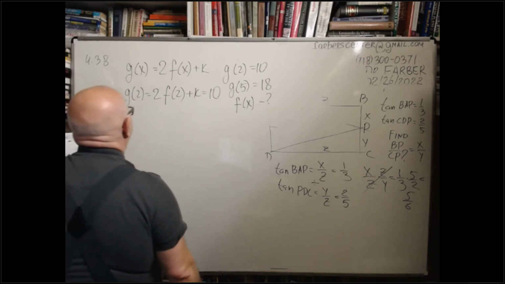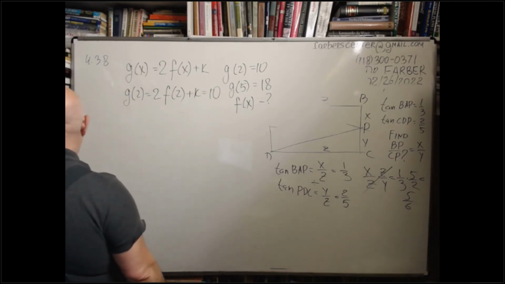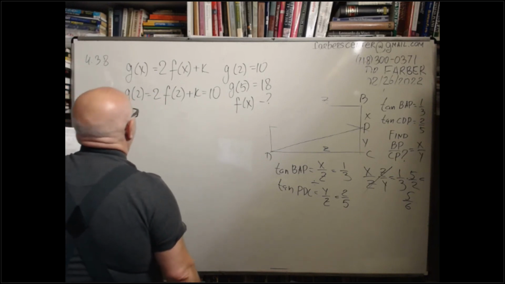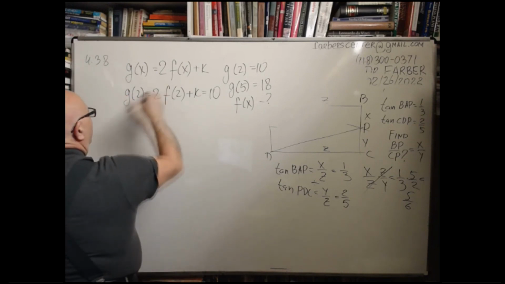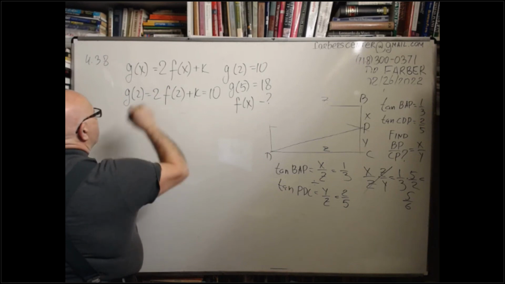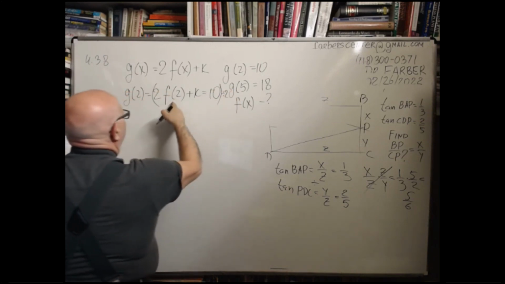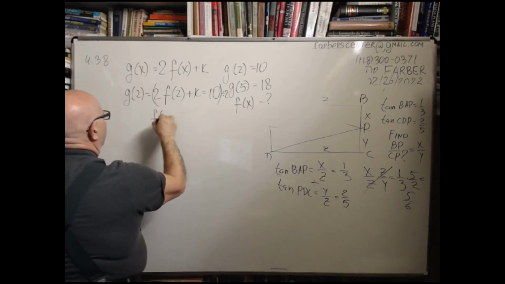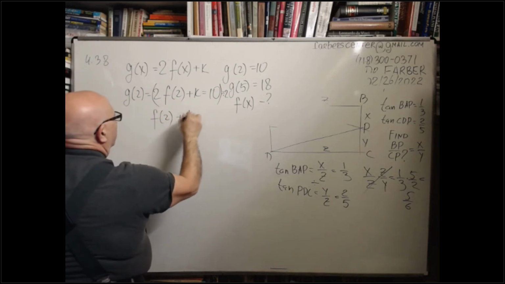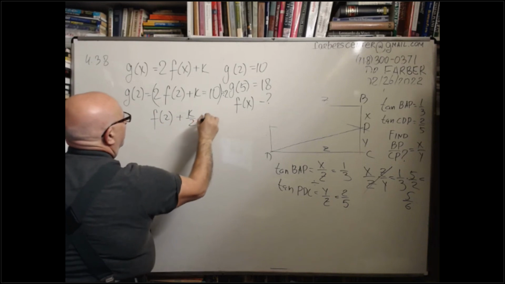So far so good. If I divide everything by 2, I will get what? F of 2 plus k over 2 equals 5.